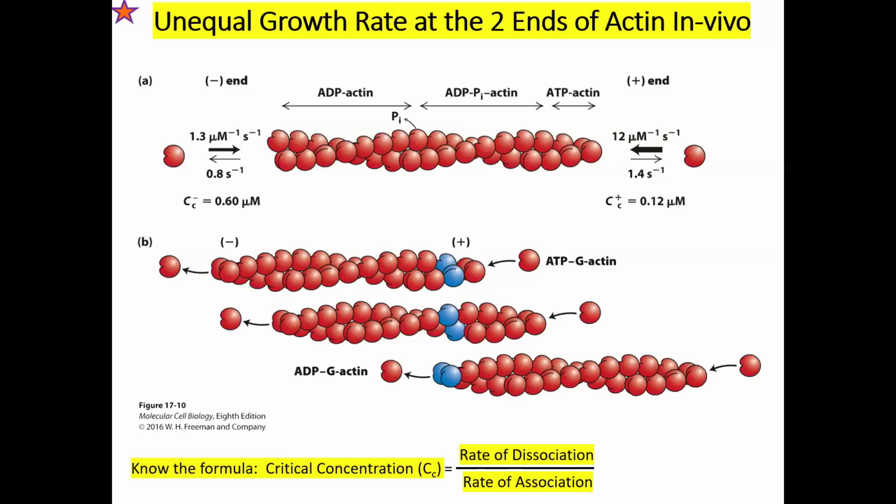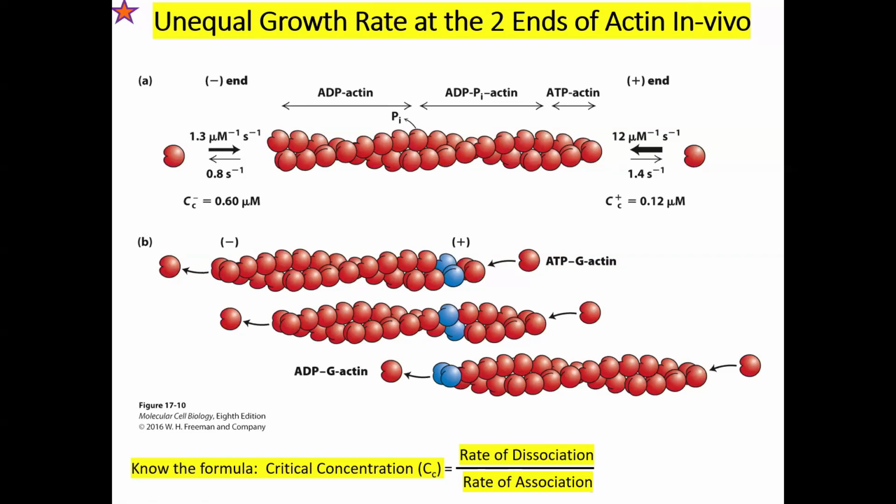So it is 1.4 over 12. If you calculate, it comes out to about 0.116, and that is 0.12 micromolar, the critical concentration at this end. So definitely remember this formula. It's D over A, dissociation over association. That's it. Very simple. And we can give you a whole number so that it's easy to calculate.